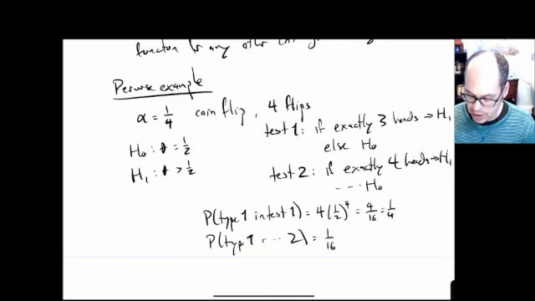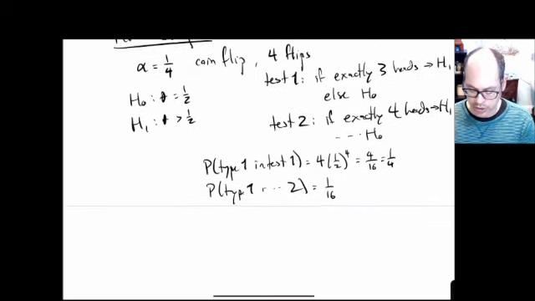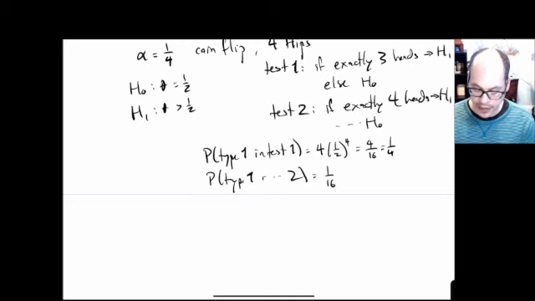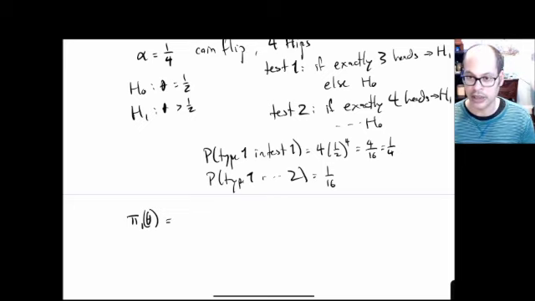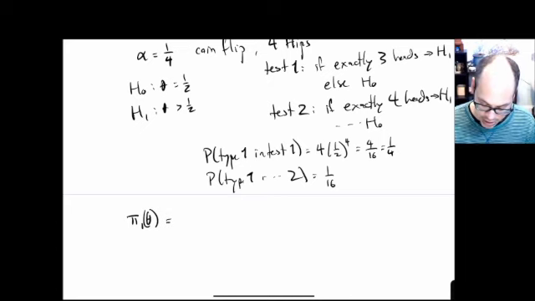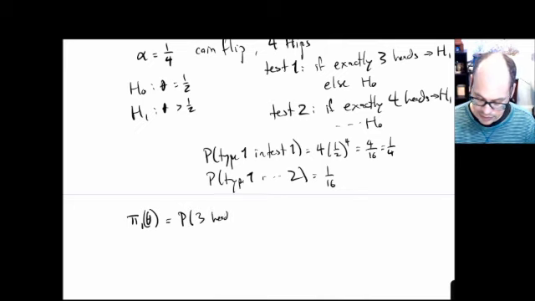All right. So these are the tests that we are going to choose from, and we can ask what are the different powers of these tests. Let's say the power of test number 1. This is the probability of correctly choosing the alternative hypothesis when it's true, and that is the probability of 3 heads given our particular value of theta.